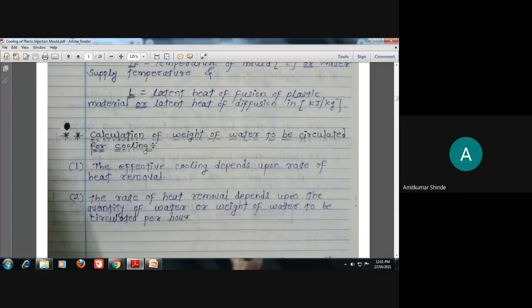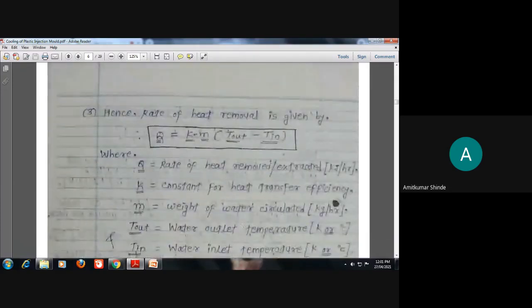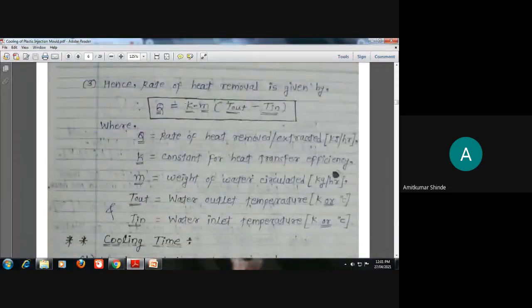Then we have discussed how to calculate the weight of water to be circulated for cooling. And why is it necessary? Because effective cooling depends on the rate of heat removal, and the rate of heat removal depends on the weight of water. That heat removal rate can also be given by this formula: Q is equal to K m (T out minus T in).